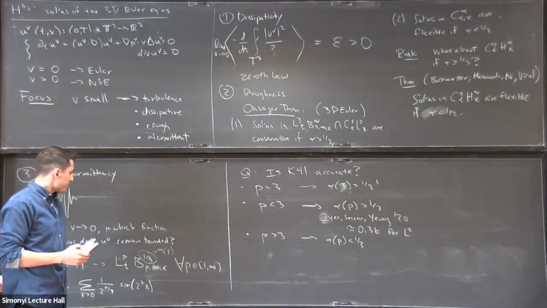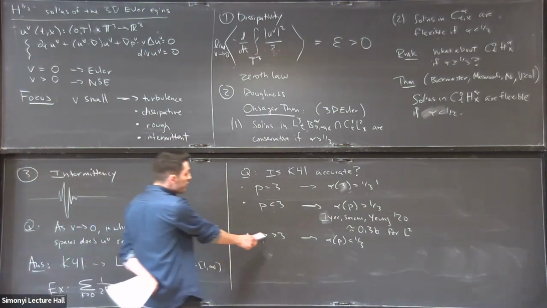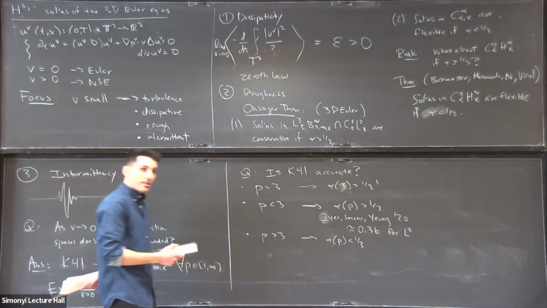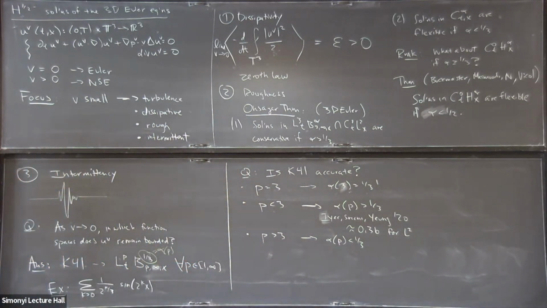So if alpha of 2 is indeed bigger than 1/3, then that's saying that a solution doesn't adhere to the 5/3 law. People would dispute the 5/3 law. Yeah, I think sometimes people do take it for granted that solutions do satisfy the 5/3 law. But yeah, I think there's probably some dispute. Okay.